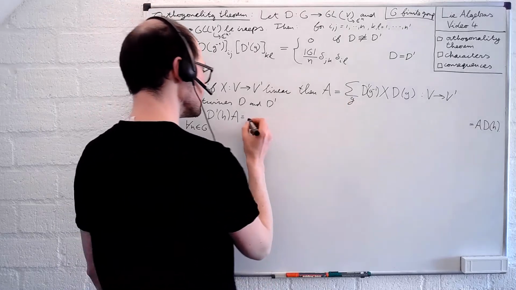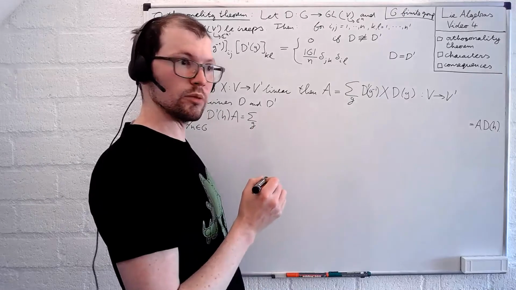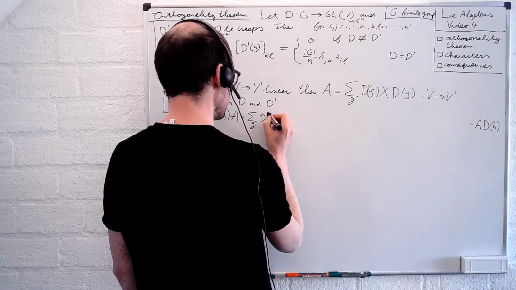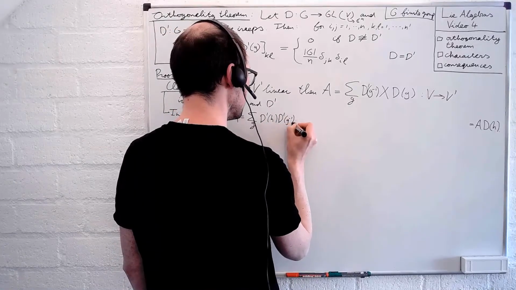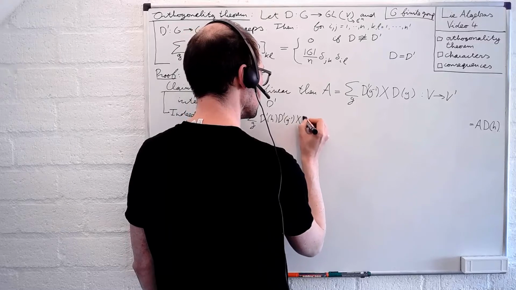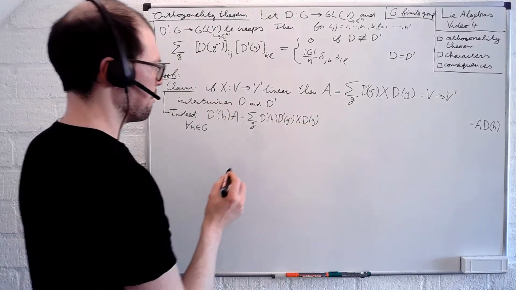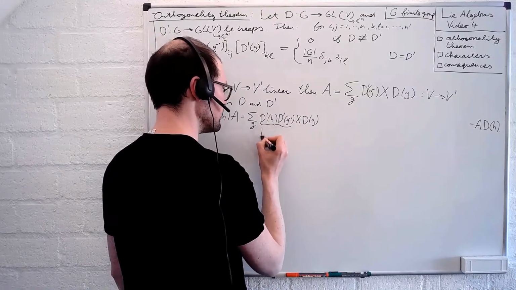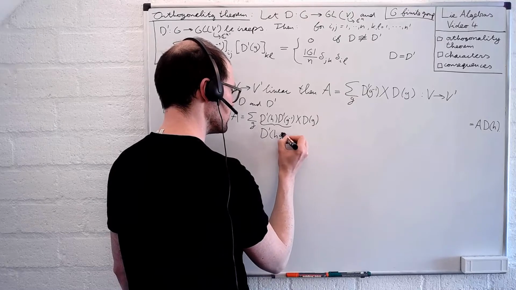Okay, let's just insert the expression here, so I get a sum over the group elements G. Then I have my D prime of H, D prime of G inverse, X, D of G. But because this is a representation, this is the same as D prime of H G inverse.